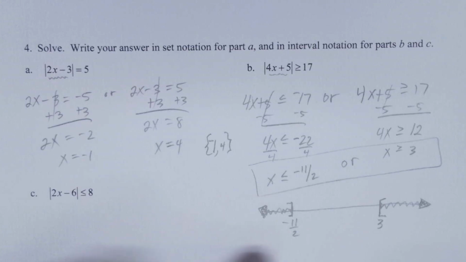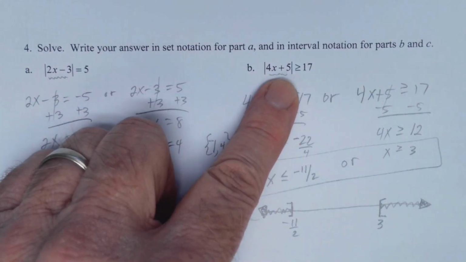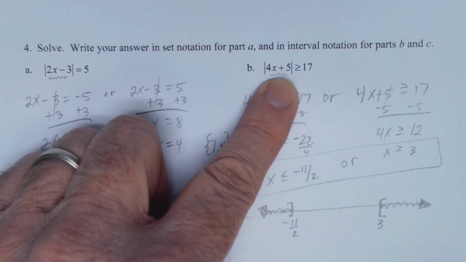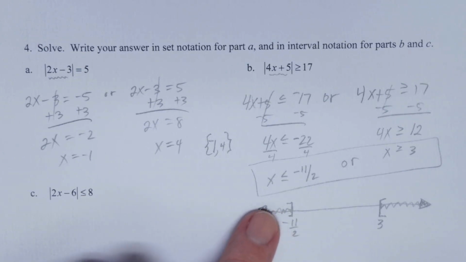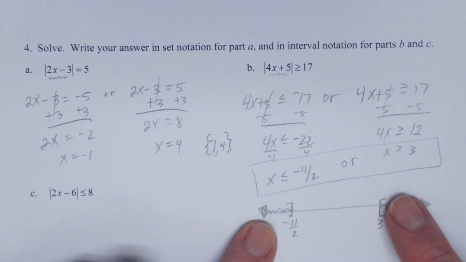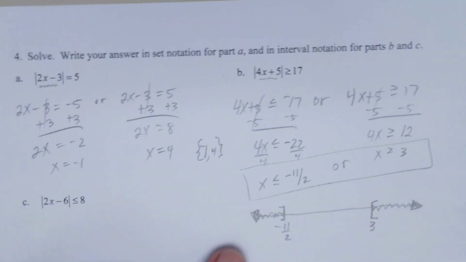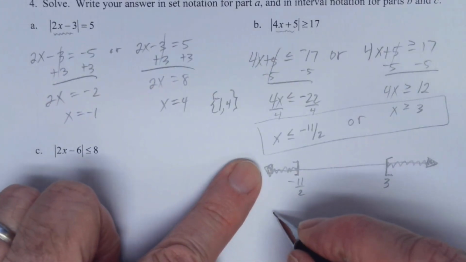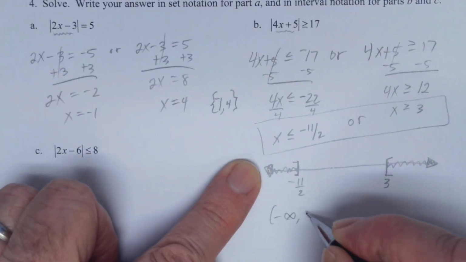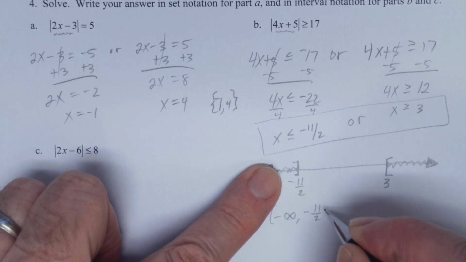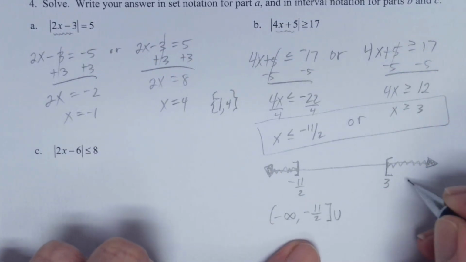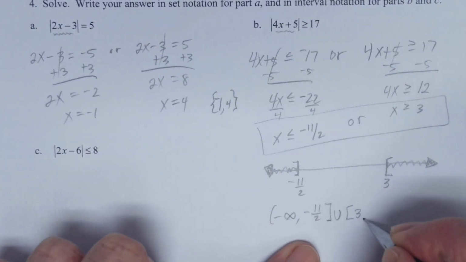So basically we're saying our solutions to this absolute value inequality are numbers over here or numbers that are over here. In interval notation, we start on the left, negative infinity to negative 11 halves, union 3 to infinity.